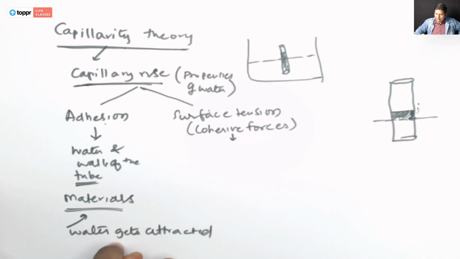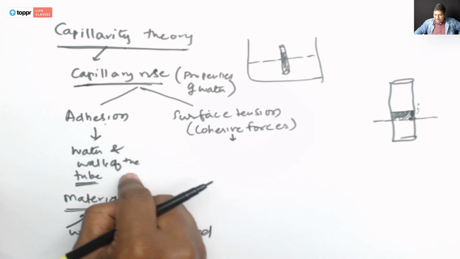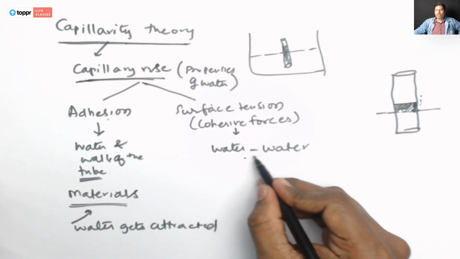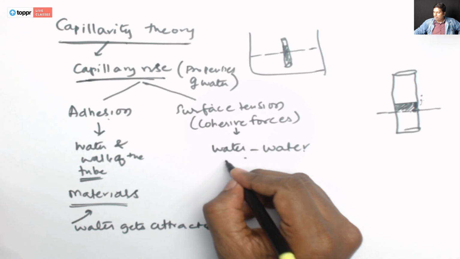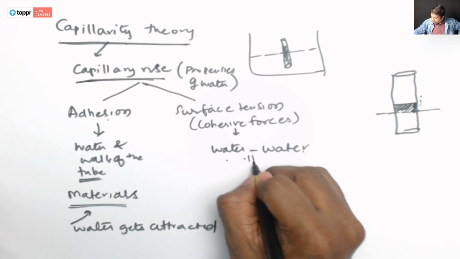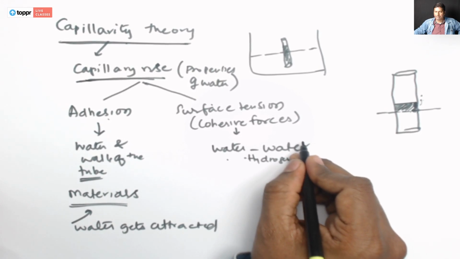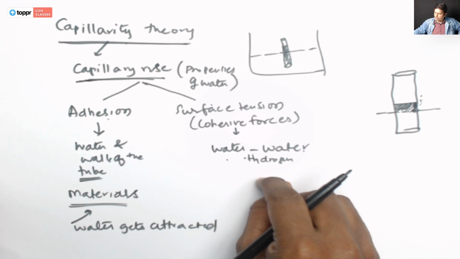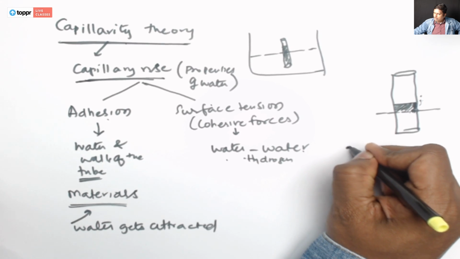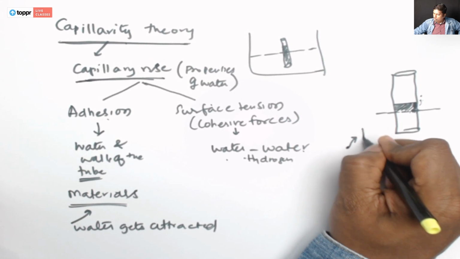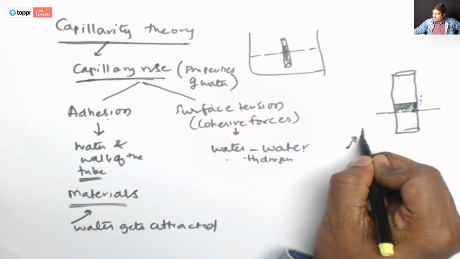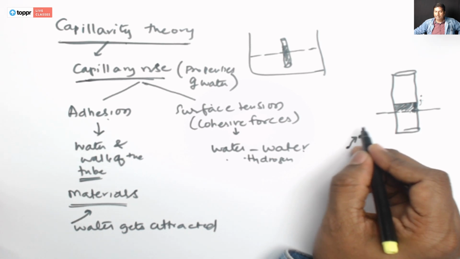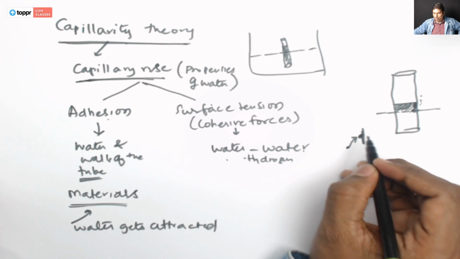Water has attraction not just towards the walls of the tube, water has interattractions. Water to water attraction is also very strong. One water molecule has a hydrogen bond with the other water molecules. So all the water molecules are interconnected with hydrogen bonds, and because of these cohesive forces, one molecule is trying to attach to the wall, and it successfully binds to the wall.